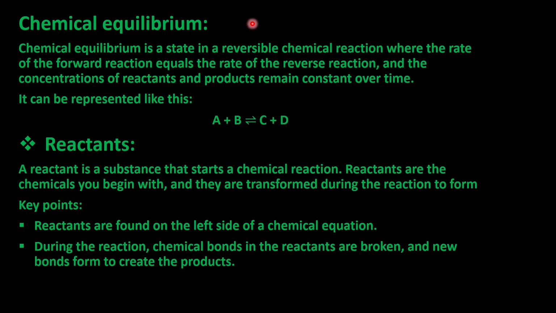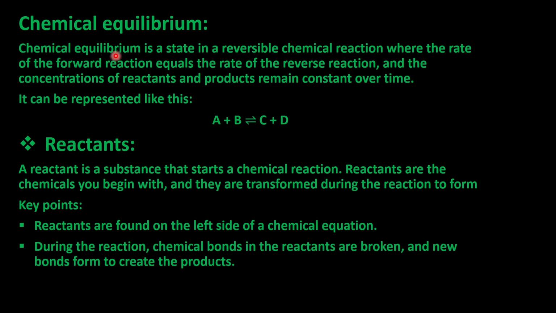Similarly, we will discuss reversible and irreversible reactions, and after this we will discuss the law of mass action, and then we will derive a formula for Kc, that is the equilibrium constant, and we will solve some numericals. After this, we will discuss the importance of Kc. So let's start our topic.